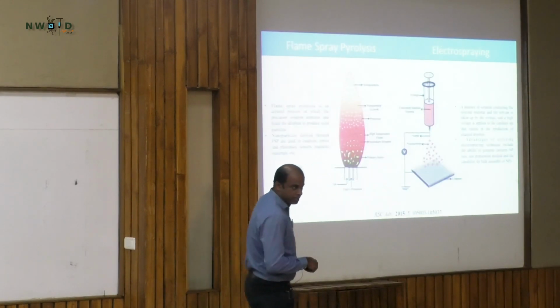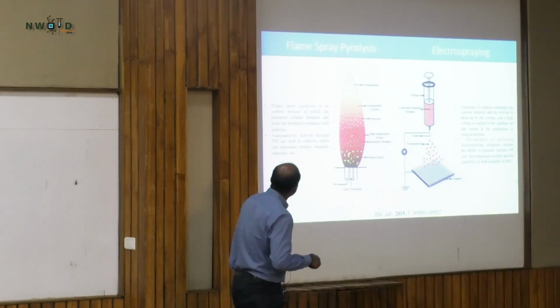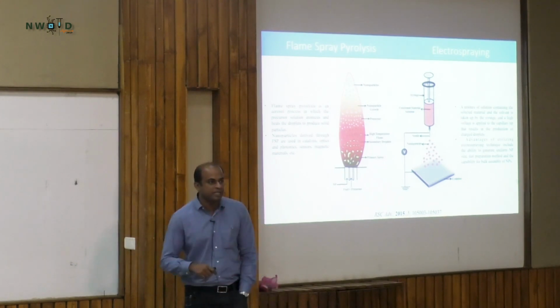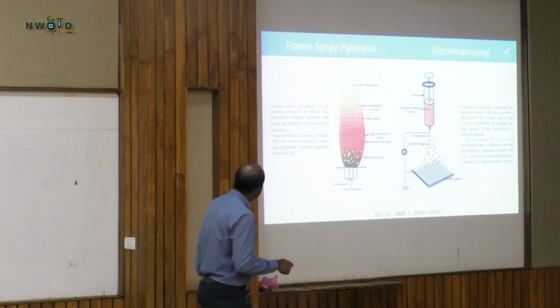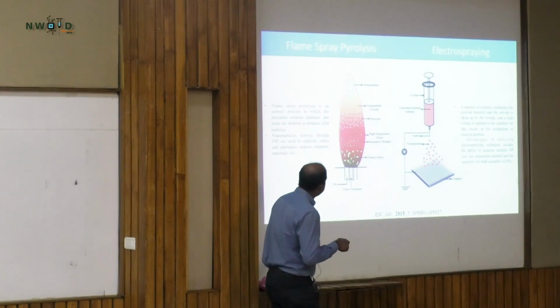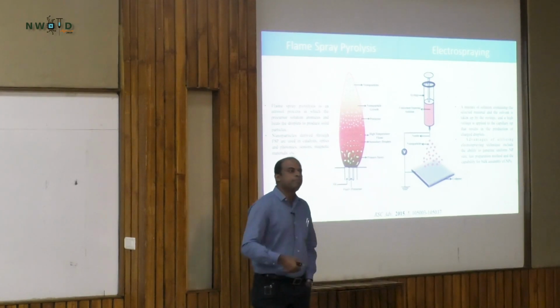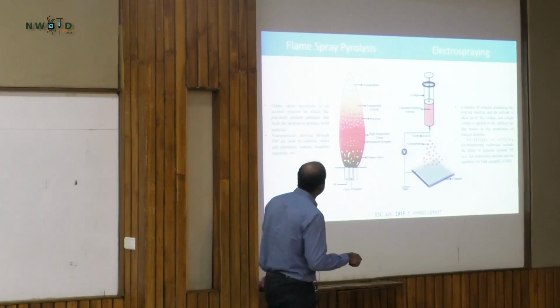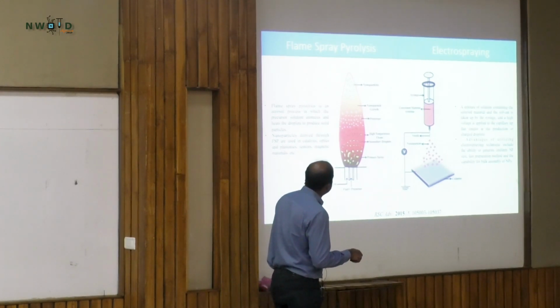Flame spray pyrolysis. Here there are atomizers and heaters. You can see that a flame will produce a primary spray, and slowly it's depositing and the nanoparticle is forming. It's a kind of spraying, like how we use paint in this case. Electrospraying is a mixture of solutions that contain the selected material, and then we just press it, and at the tip you can heat it and then apply the pressure and a high voltage, and that results in the production of charged droplets.